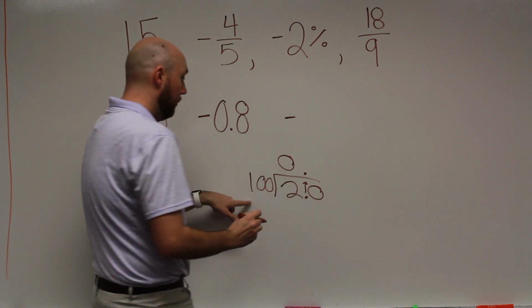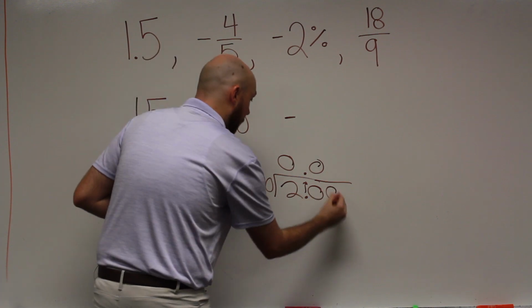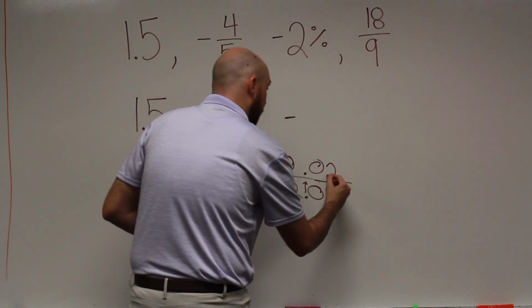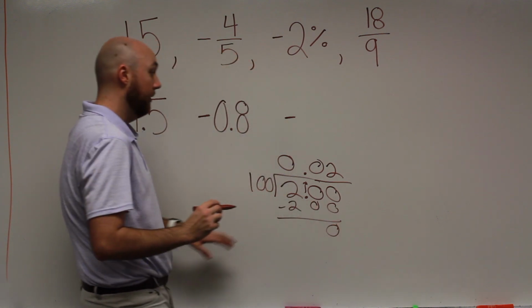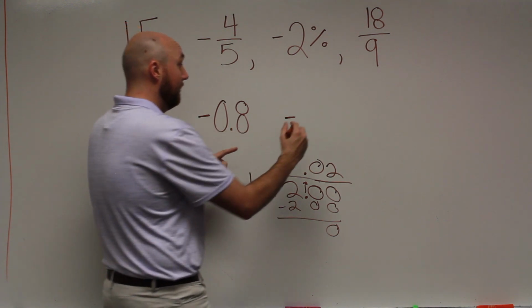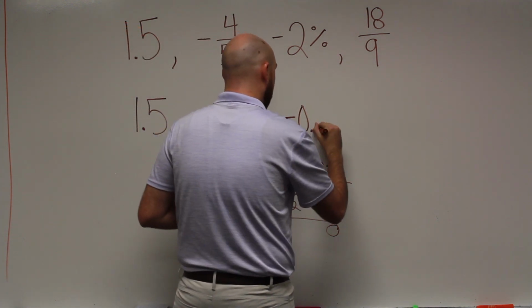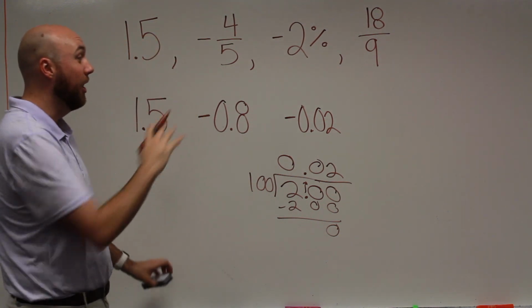Bring a 0. 100 cannot go into 20. I've got to keep going. 100 can go into 200 2 times. Subtract it, I get 0. I'm done. So negative 2% is negative 0.02, or negative 2 hundredths.